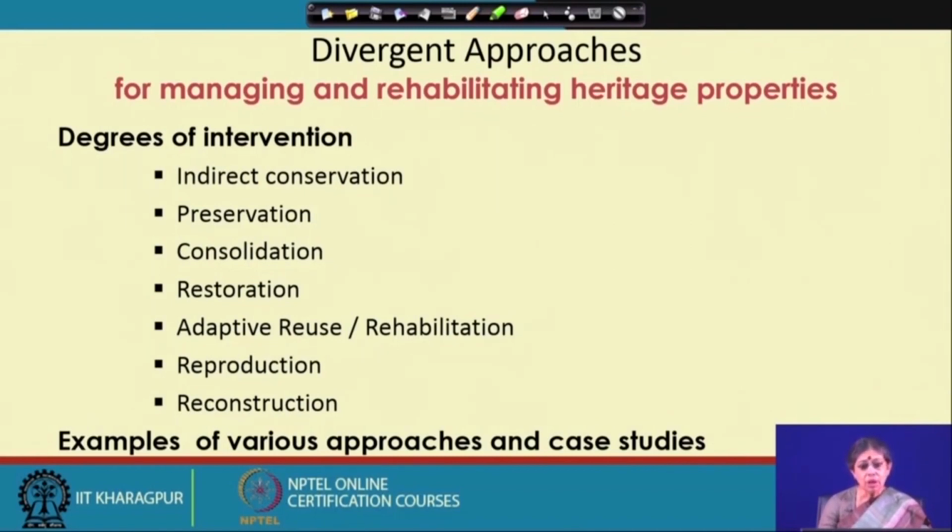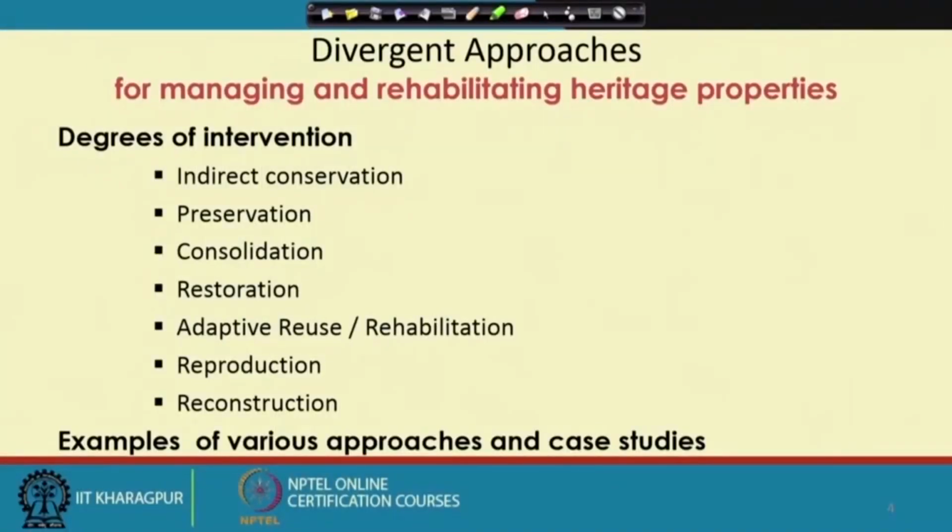How an old building which is no longer in use, should we demolish that, or does it have any sort of value in our present society, can we use it, can we recycle it, and if we do that, then how much can we change, how much alteration. So all these are part of adaptive reuse and rehabilitation, and these also have to have some guidelines, and these guidelines and methodologies with various real life examples, we will talk about that.